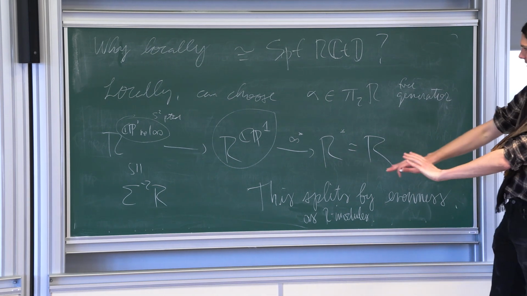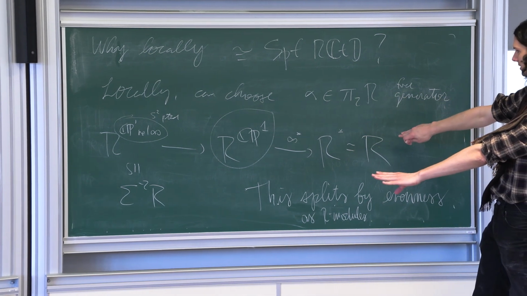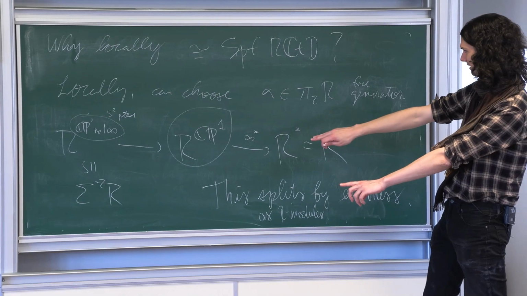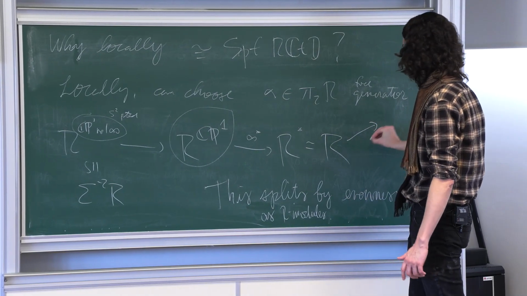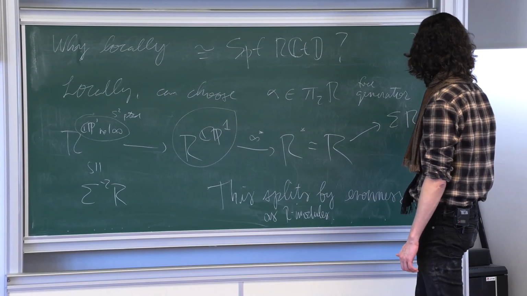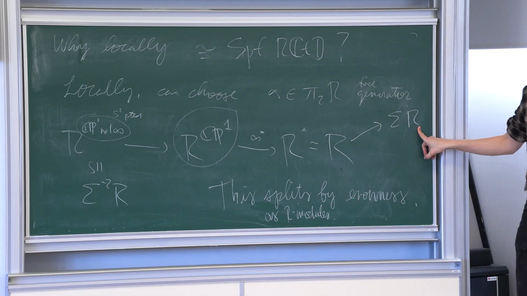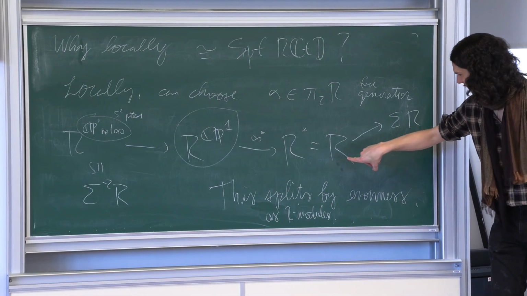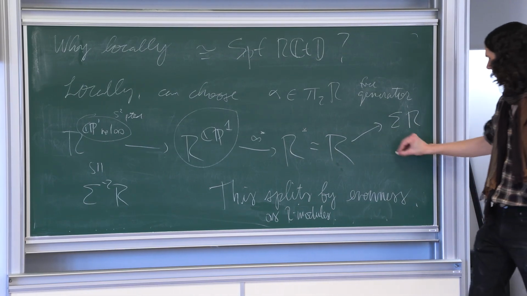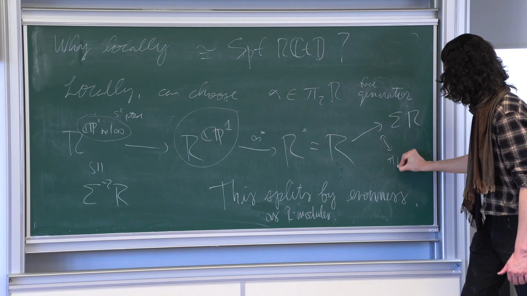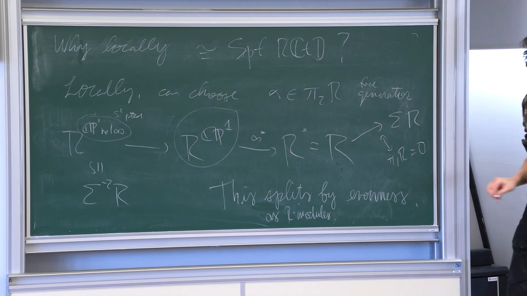This is viewing this as a cofiber sequence in R modules. The thing that classifies it is a boundary map which goes from R to suspension of R. But because we're working in R modules, homomorphisms from R to suspension of R are in bijection with an element in pi1 of R, which is equal to 0 by evenness.